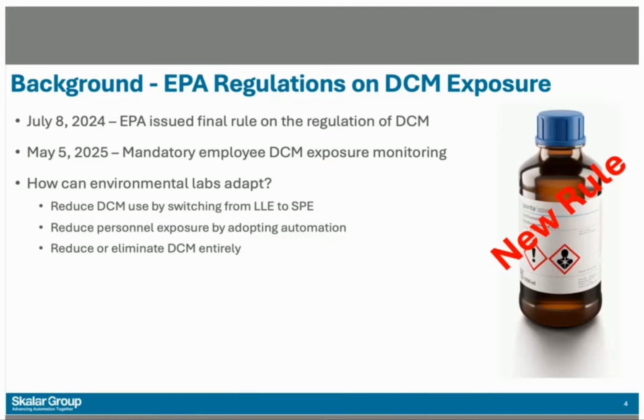If we can eliminate the substance from the workplace, then there's really no reasonable risk of exposure. So in this talk, I'll be essentially covering a couple of studies that we did in-house, where we first looked at automating this method using essentially the EPA 525 procedure, and then moving from that to exploring alternative solvents to DCM.